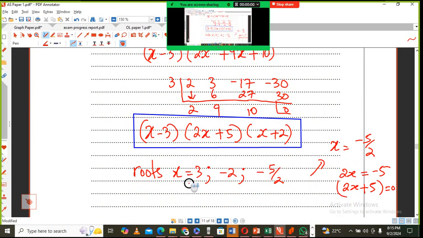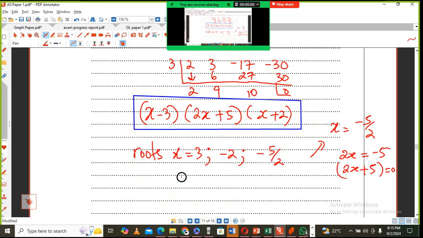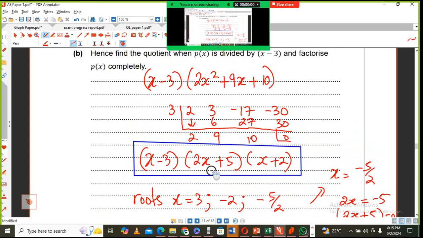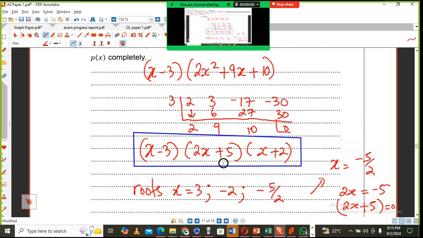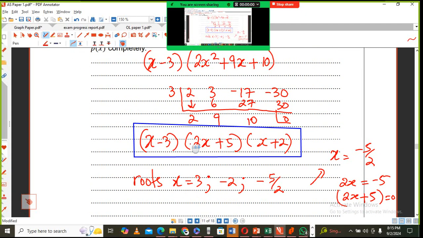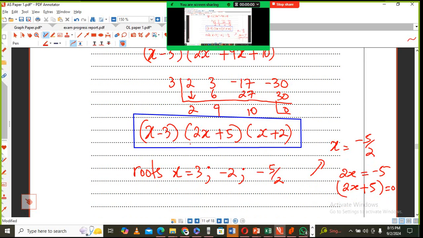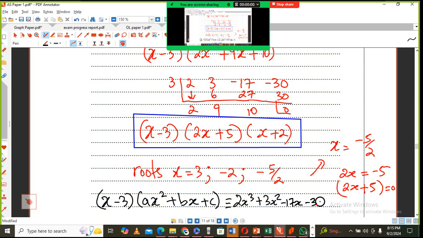Now these roots are very important for our next question. How do you use identities? That's a long way, but I'll show you anyway. You already know one of the factors is x minus 3, so the other one will be ax squared plus bx plus c, which is identical to the whole 2x cubed plus 3x squared minus 17x minus 30.